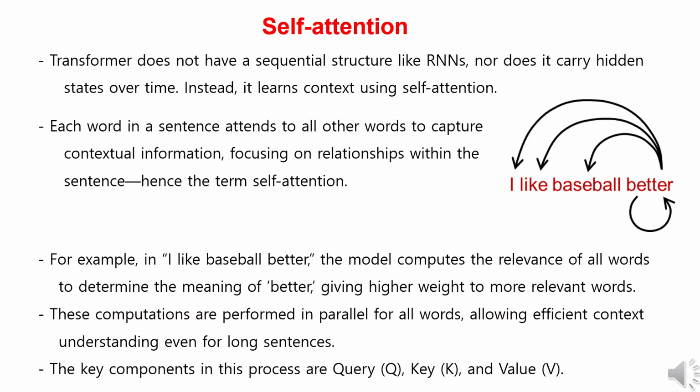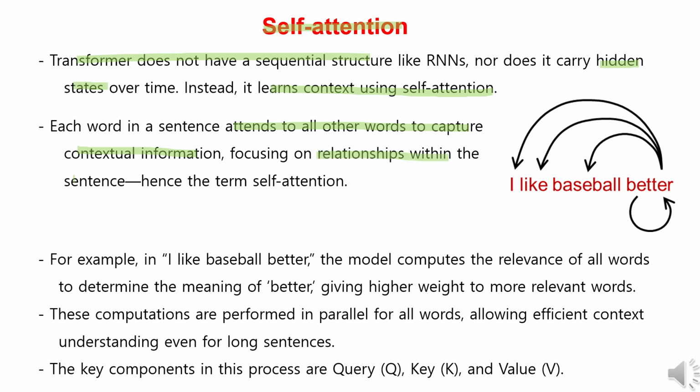Now, let's take a closer look at self-attention, the core operation of the encoder. Unlike RNNs, transformers do not process inputs sequentially or pass along hidden states. Instead, they learn contextual information through self-attention. In self-attention, each word in a sentence updates its representation by referring to all other words in the same sentence.